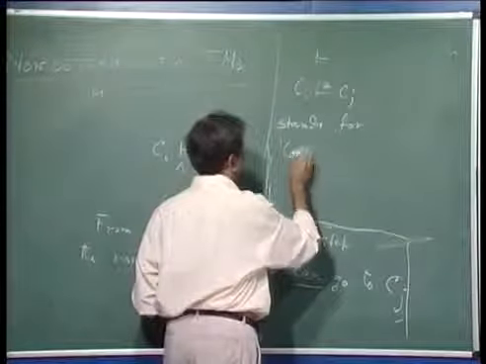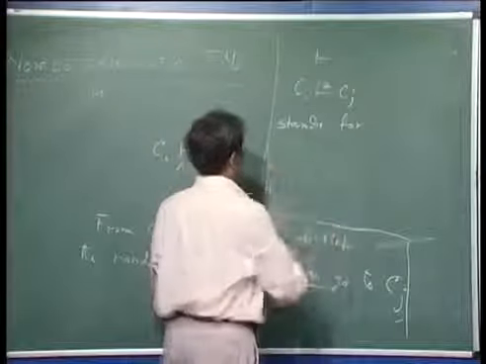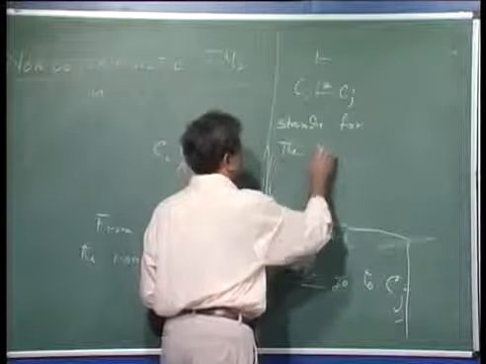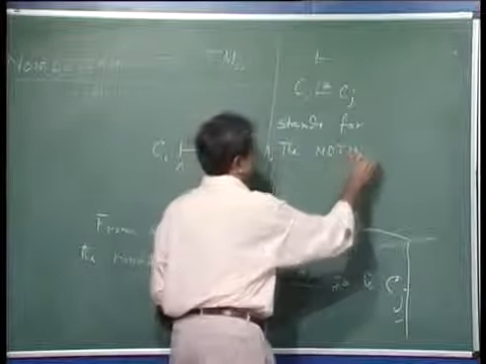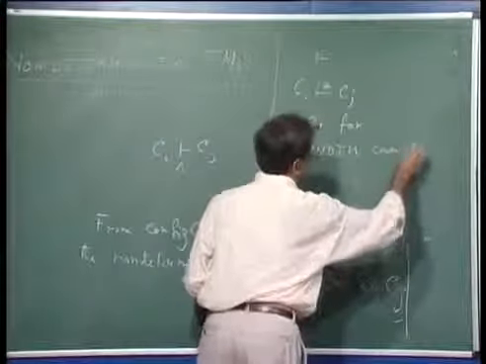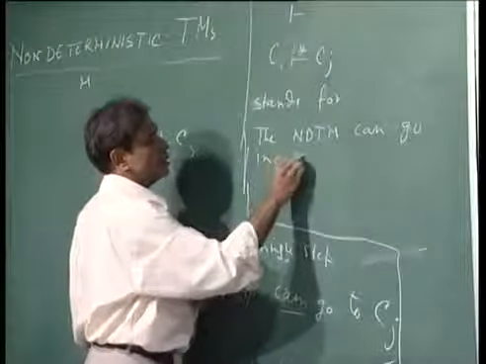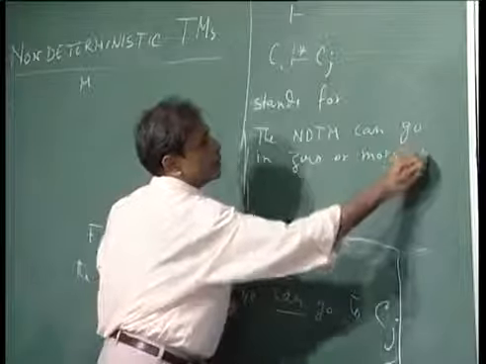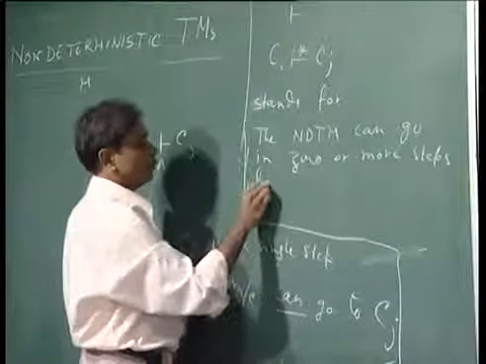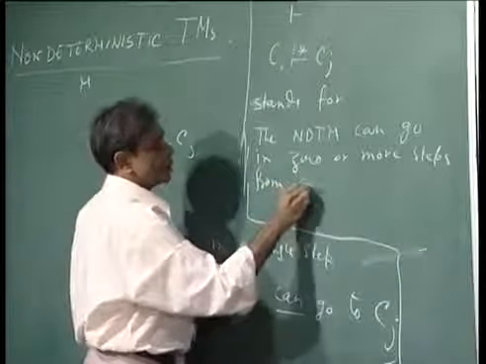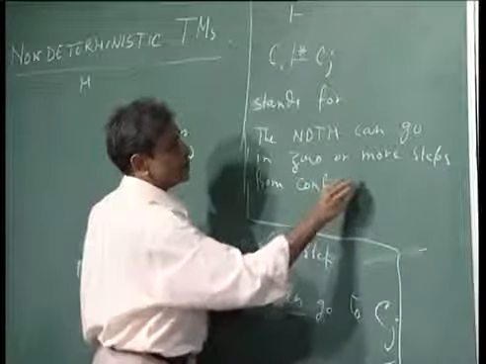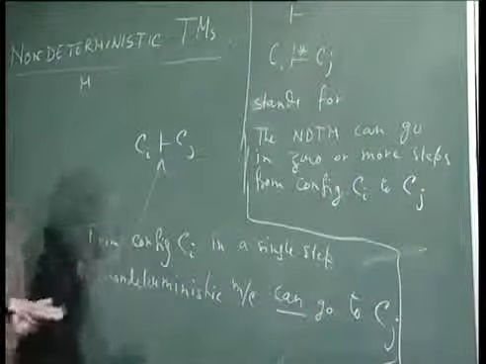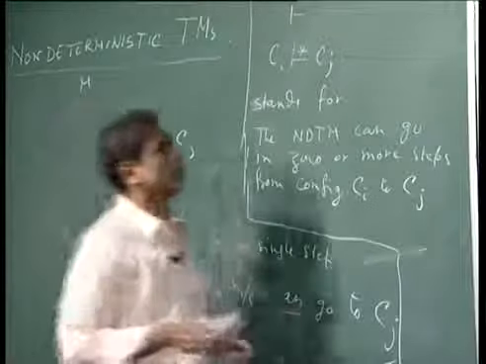Let us write it this way: the non-deterministic Turing machine can go in 0 or more steps from configuration Ci to Cj, all right.